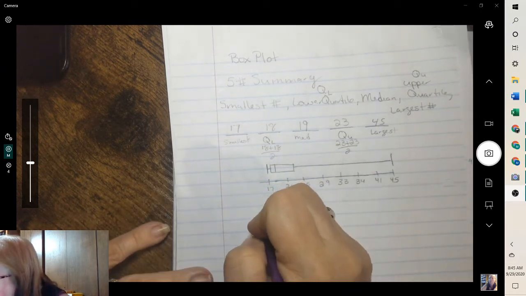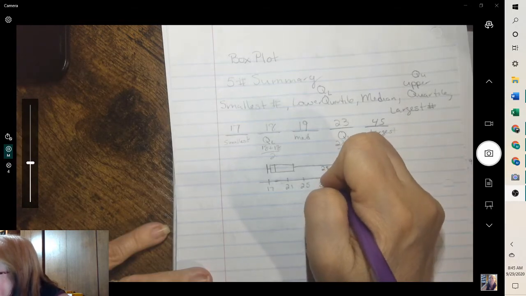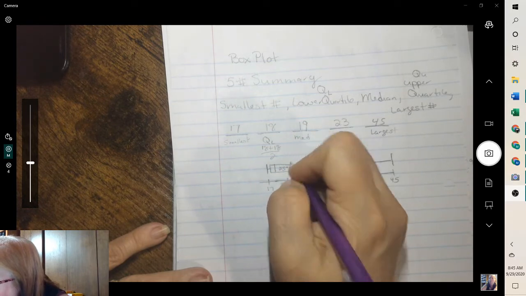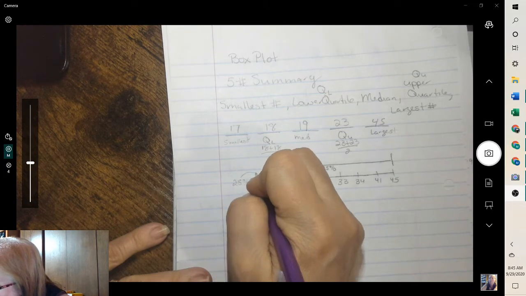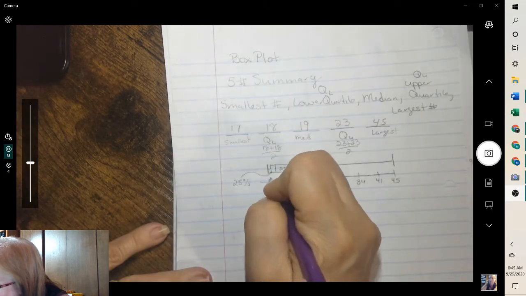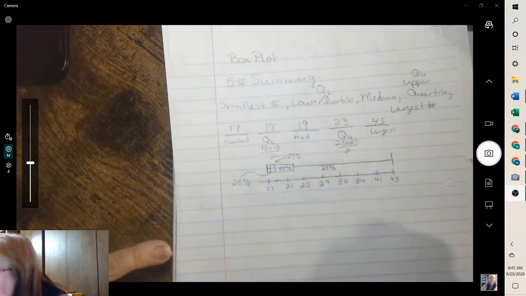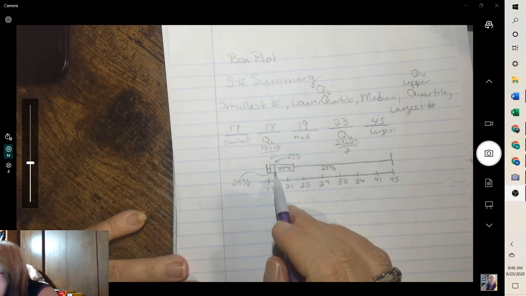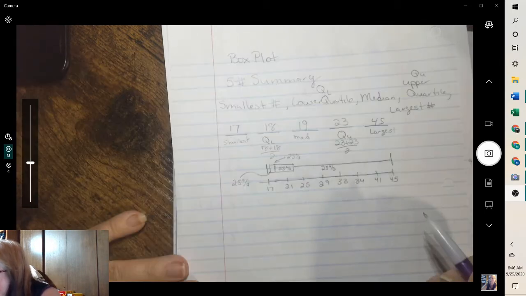What's important with this is between each one is 25% of the data. So it splits it into quarters. So this number 19 here, 50% of the data is below it and 50% is above it.